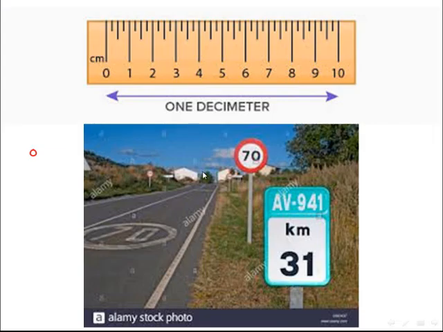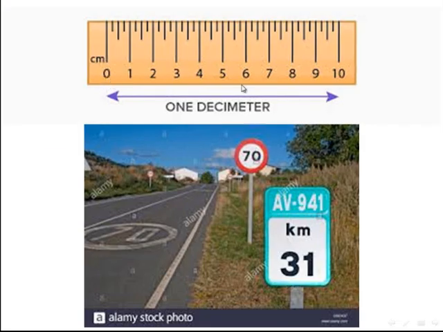Here, from 0 to 10 centimeters on the ruler equals 1 decimeter. And in this picture, you can see informative boards. One of them tells 70 kilometers per hour, and the other tells 31 kilometers left.